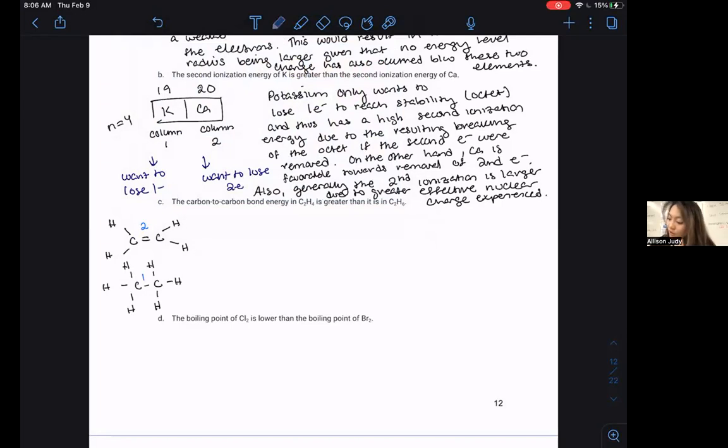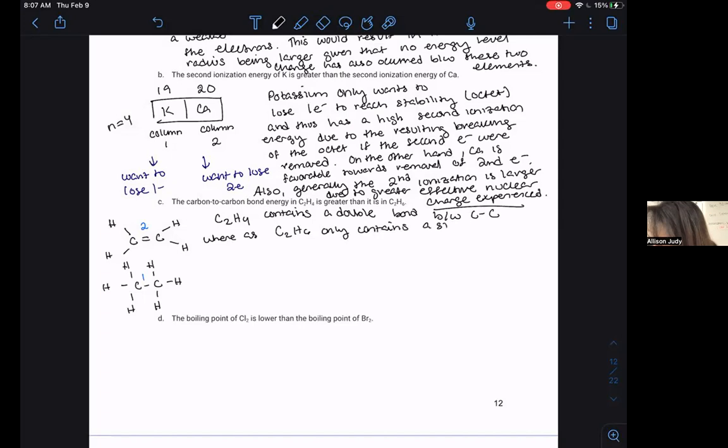So what we need to explain is, why is the carbon to carbon bond energy in C2H4 greater than that in C2H6? Well, C2H4 contains a double bond between the C and C, whereas C2H6 only contains a single bond.